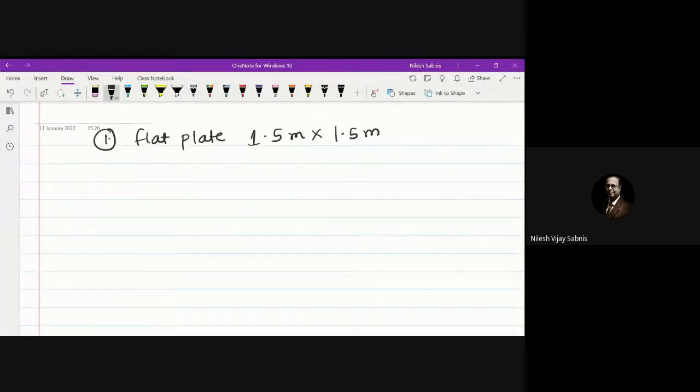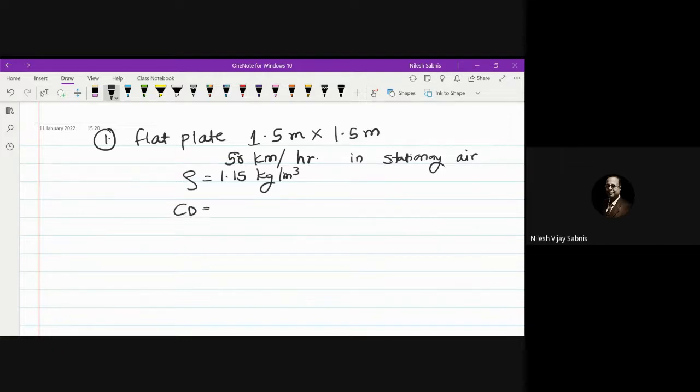And it is moving with 50 kilometer per hour speed in stationary air, which has density 1.15 kg per meter cube. What is given?